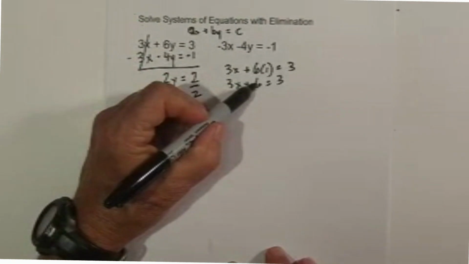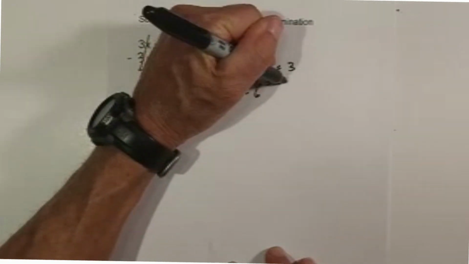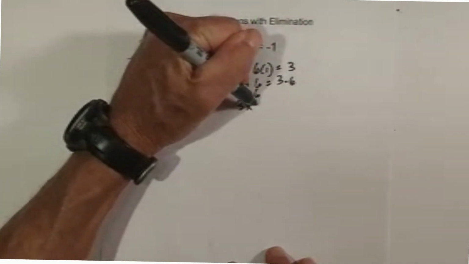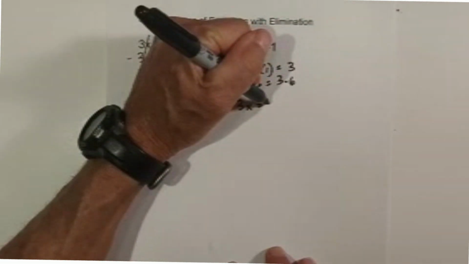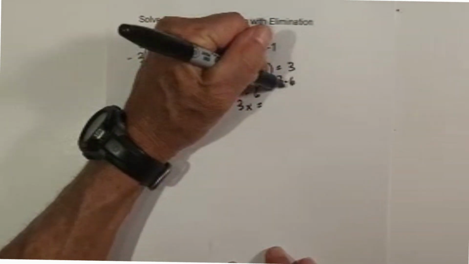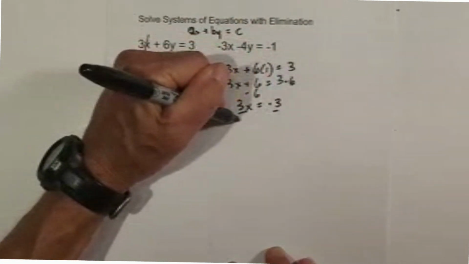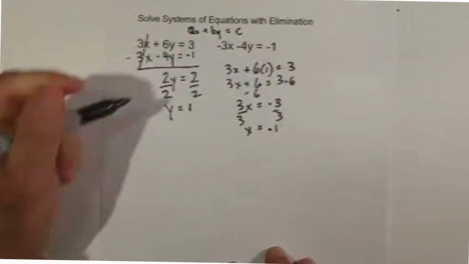I move the 6 to the other side by subtracting 6 from both sides. Now I have 3x equals 3 minus 6, which is negative 3. I then divide through by 3.